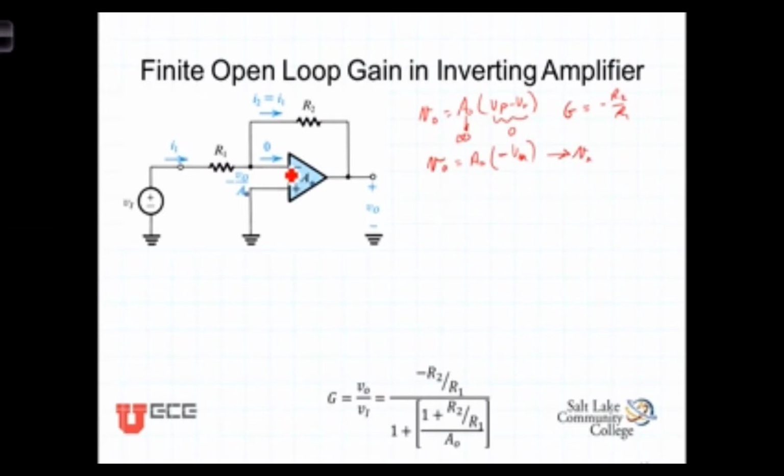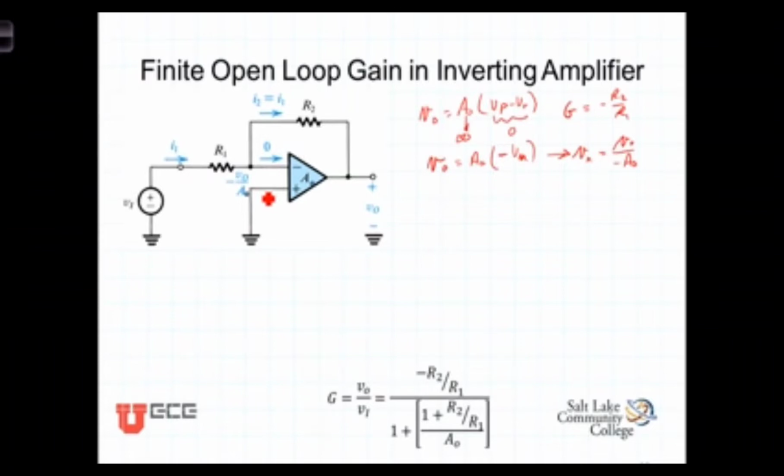The voltage at the inverting terminal, Vn, is equal to V out over negative A naught. So we now have an expression for Vn. You'll notice that because A naught is not infinite, the voltage here is not exactly the same as the voltage at the non-inverting terminal.